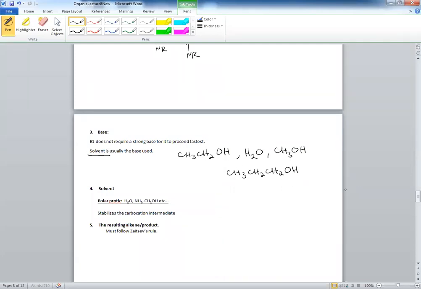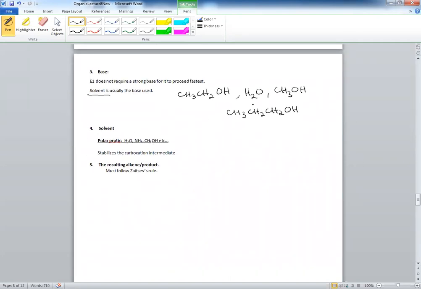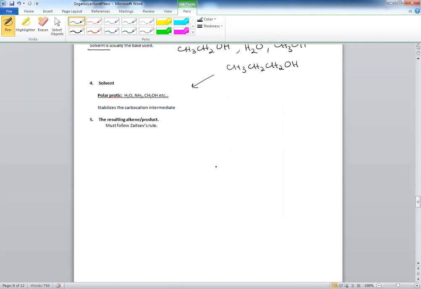And again, these are weak bases. Solvent, as we just spoke about it, is we need a polar protic solvent to stabilize the carbocation intermediate, as I told you right here. And of course, the resulting product must follow Zaitsev's rule. Nothing has changed.